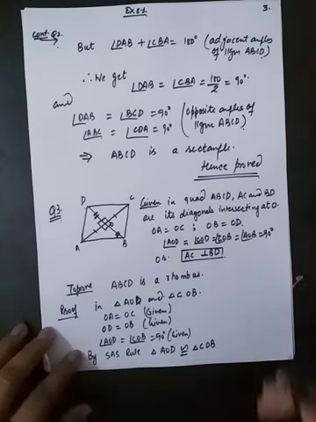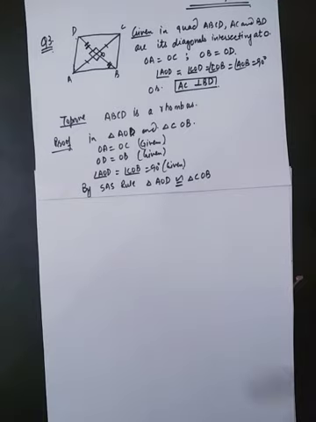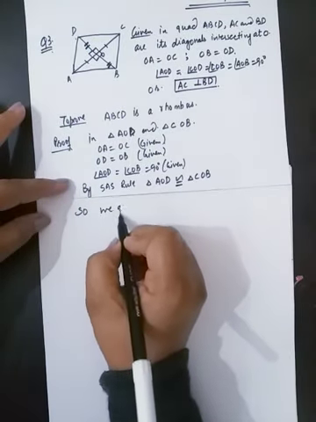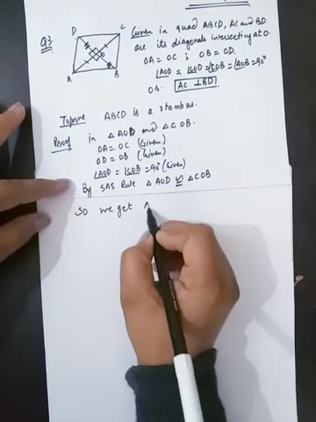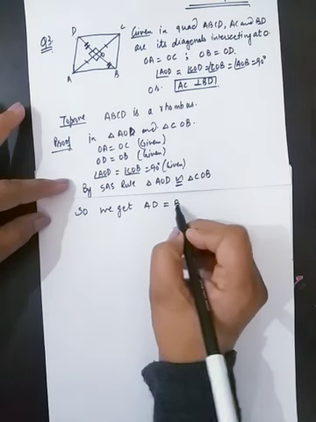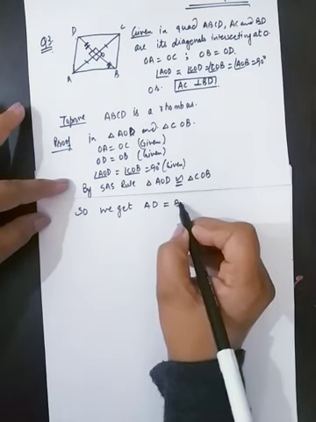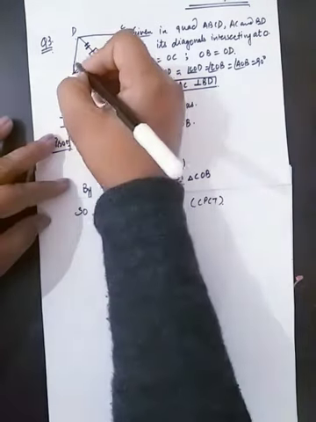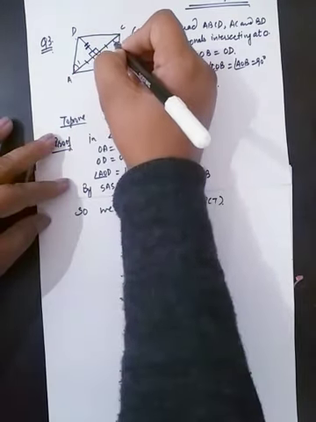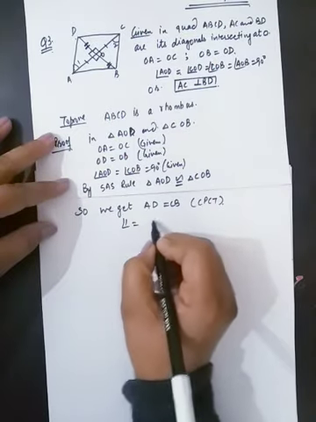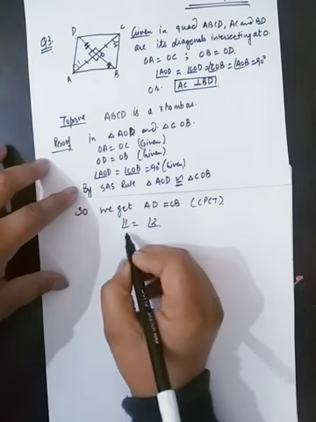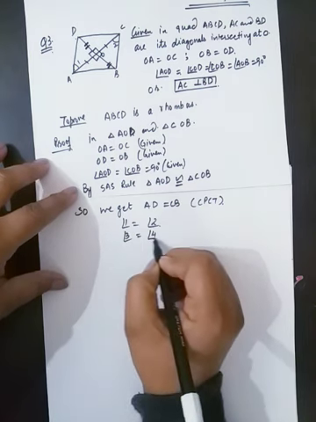So what do we get? We get AD is equal to CB by CPCT, and angle 1 is equal to angle 2, and angle 3 is equal to angle 4.